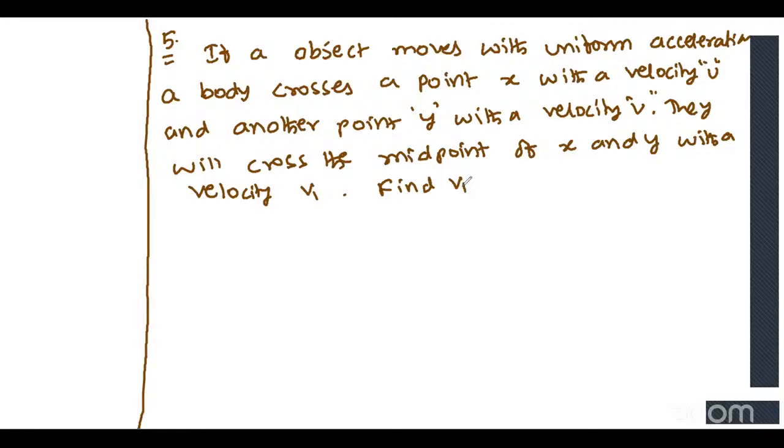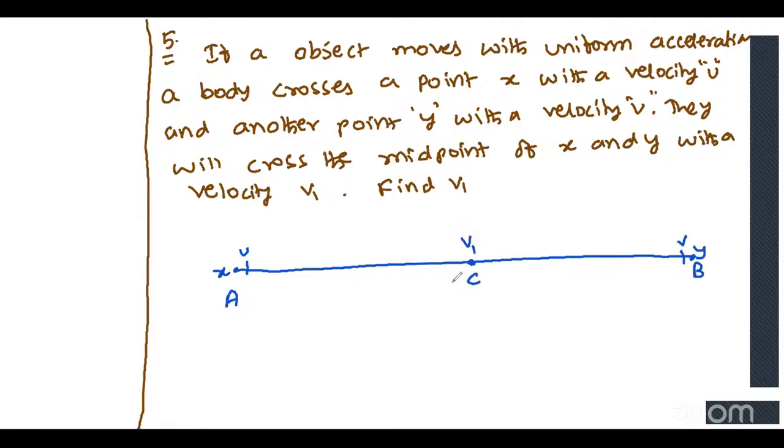We are having a small diagram. Let us consider this is A, this is X and it is Y, here it is U and this is V. At the midpoint, suppose C, it has a velocity V1.